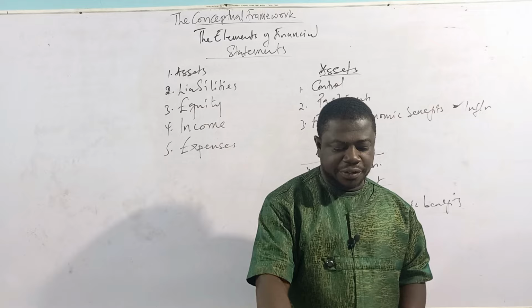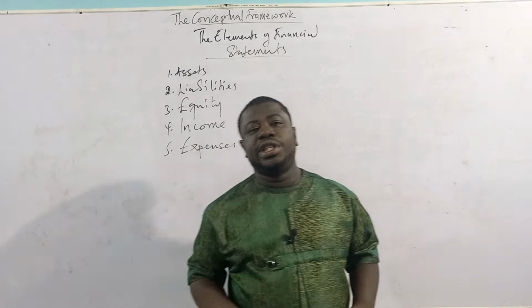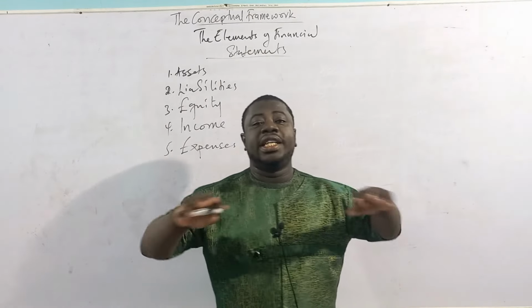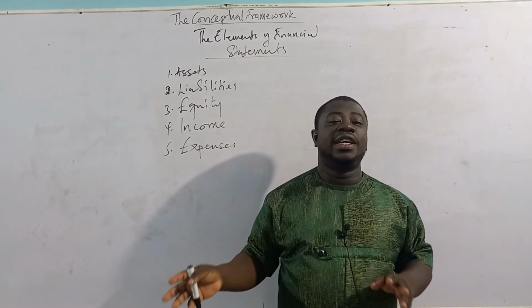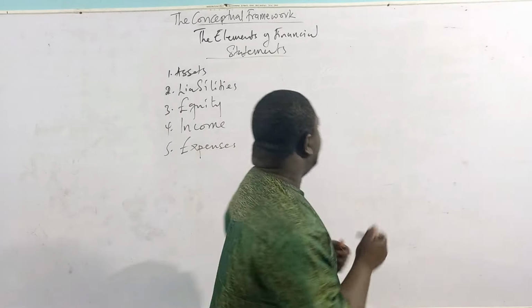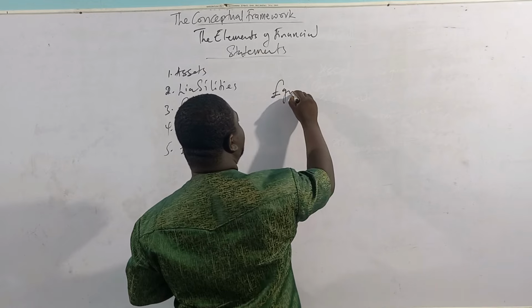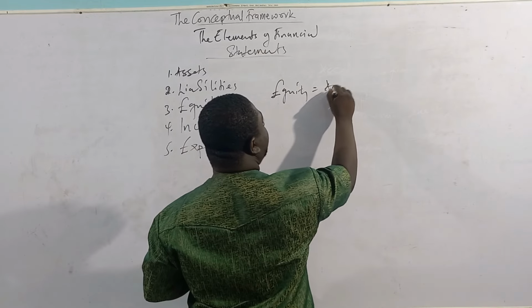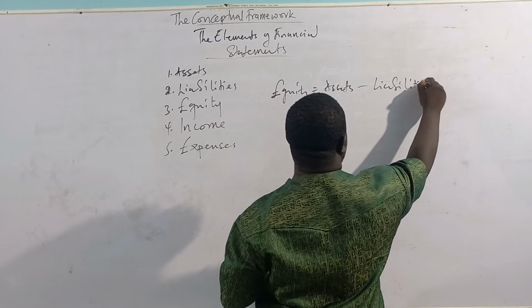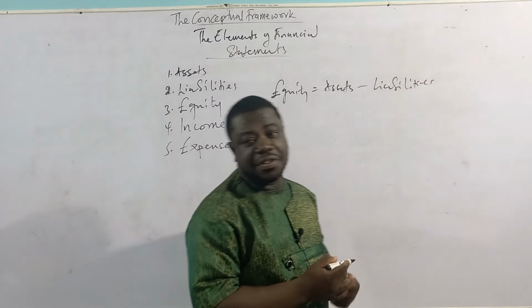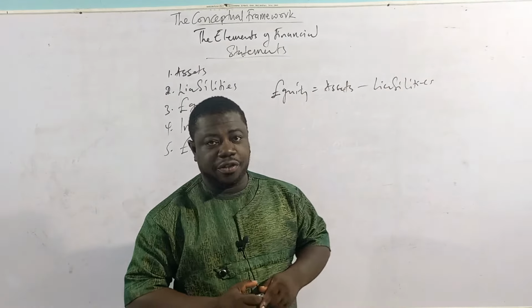Now let's look at the definition of equity. Equity or equity interest is a residual amount after deducting all liabilities of the firm from the asset. Simple. So equity is basically assets minus all liabilities. And we know this from the accounting equation. And this is how we define equity from the conceptual framework.